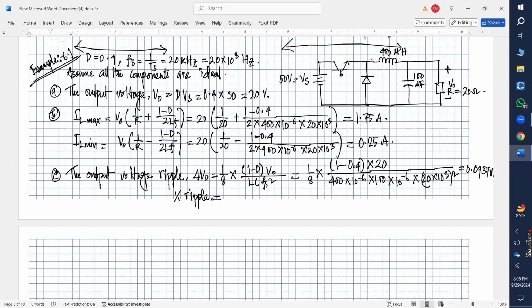In the numerator, V naught, you have to write 20. Your output voltage is 20 volt, right? Okay, sir, sorry. Yes. So percentage of ripple should be 0.0937 divided by your output voltage, which is 20, multiplied by 100. That should give you the percentage.